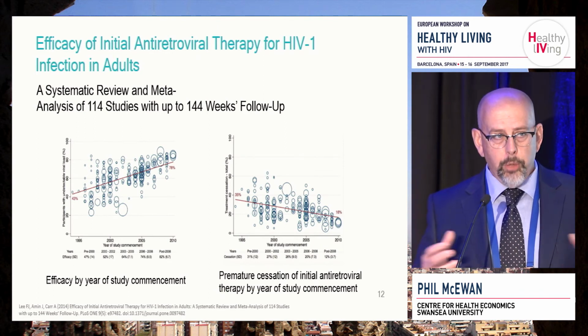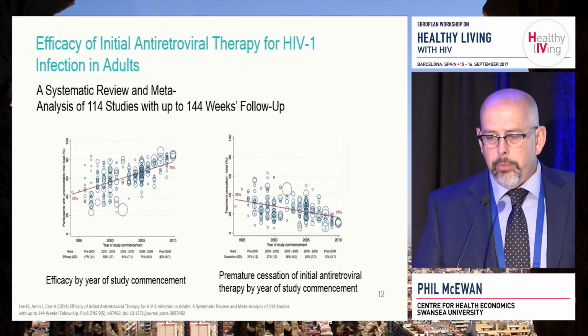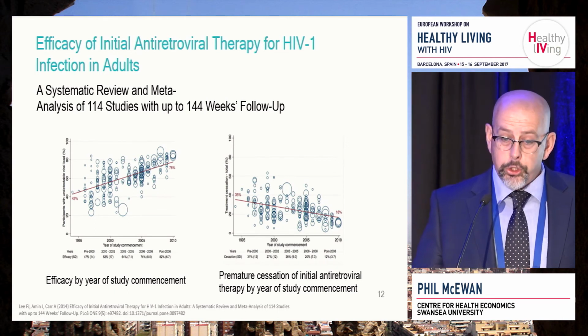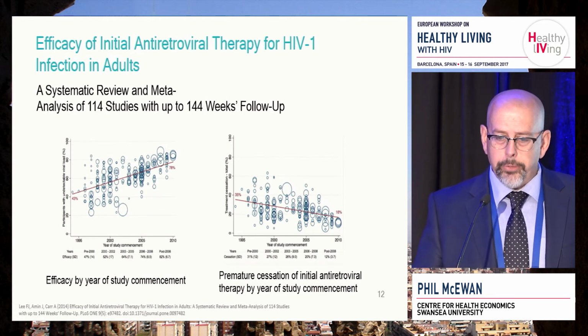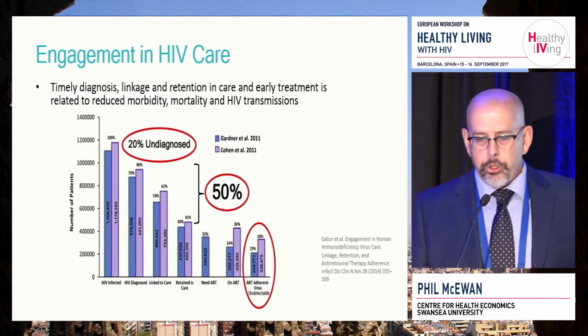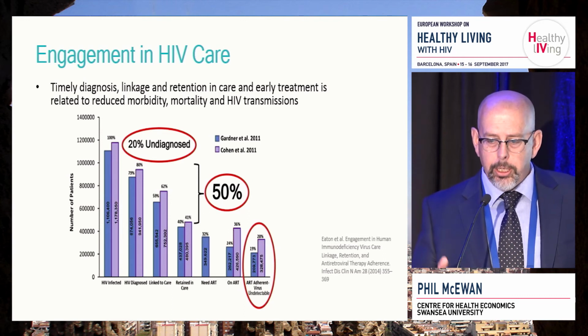So whether it's fixed dose combinations compared to multi-drug regimens, we'll see increasingly narrow differences in terms of health economic costs as well as the benefits accruing, which is in contrast to the gains that can be produced by identifying patients, linking and retaining them in care.